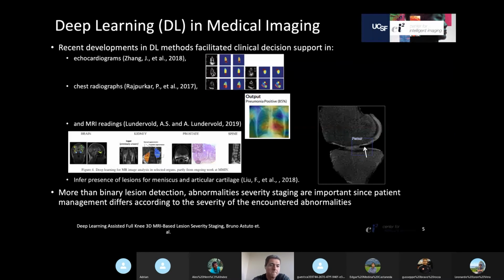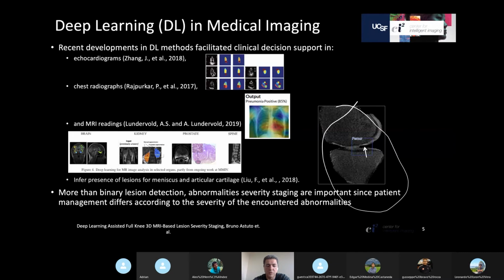In my group, they work a lot with brain MRIs and also spine MRIs, not only with segmentation, but also anomaly detection, lesion detection, and so on. And here you can see an example of an MRI and detection of lesions in the MRI.